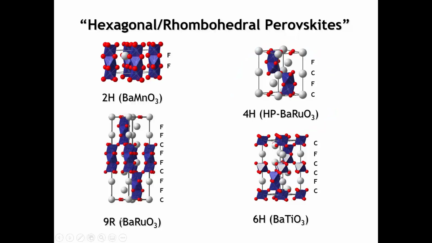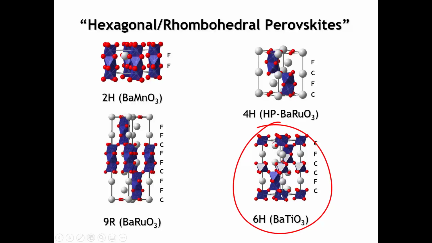In the 9R structure, we have 9 layers before the structure repeats. This is a rhombohedral space group, and this one has trimers of face-sharing octahedra that are connected by corners to other trimers. And then here we have the 6H structure, which is seen for barium titanate under high pressures.